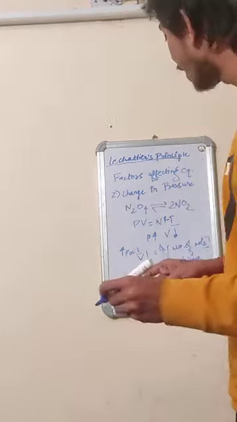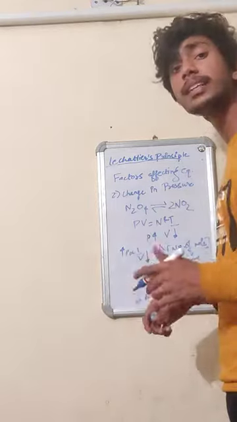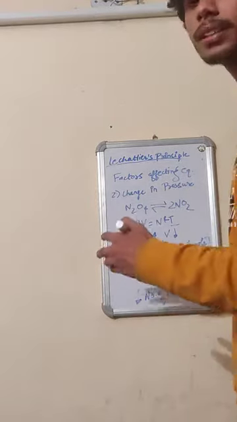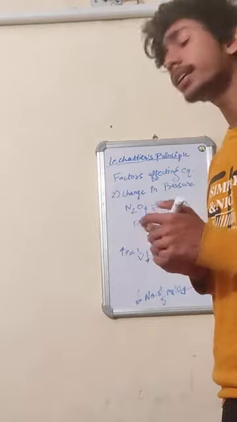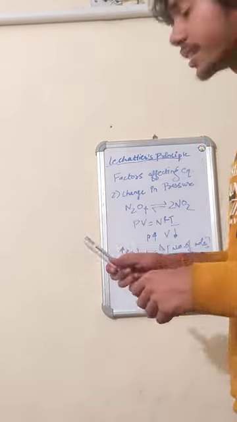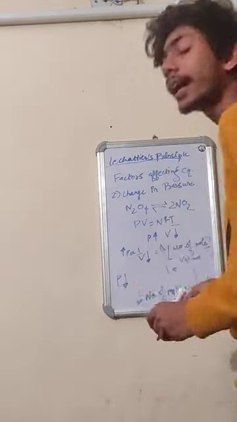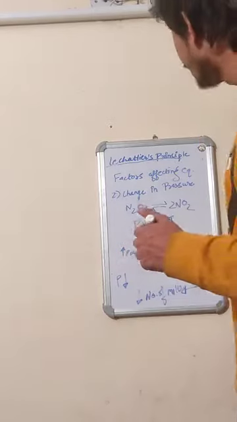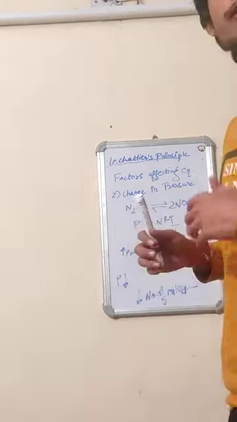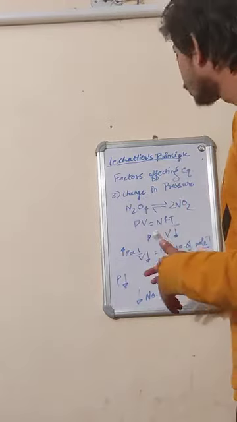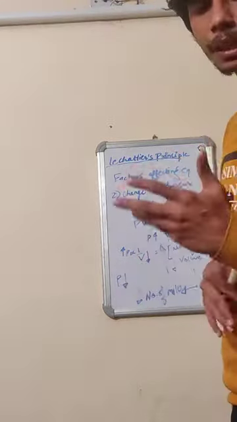That is the reason why, whenever we increase the pressure, the reaction moves towards the direction where the number of moles is less. Got it? And the same goes for when the pressure is decreased, it will move in the direction where the number of moles is more. So let's move towards the third factor, which is the change in temperature.